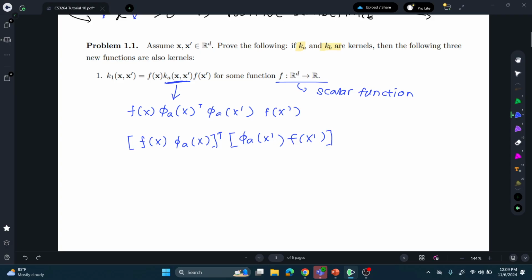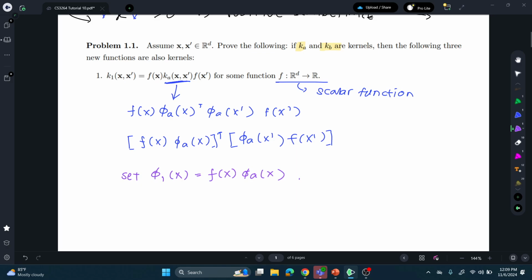Now the moment this happens, I can construct a new mapping. We set this as our phi 1. Phi 1 is basically the kernel mapping associated to the first kernel, K1. So I set phi 1 of x: I take in the x and return f of x times phi a of x.